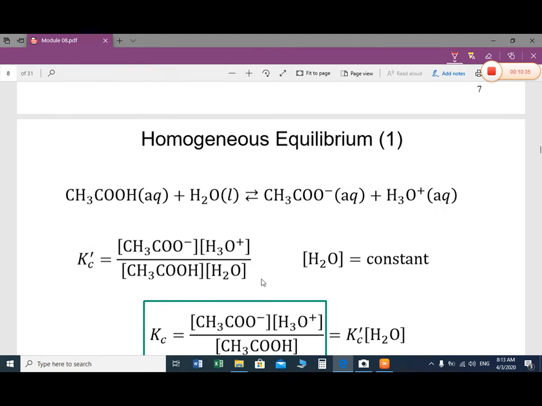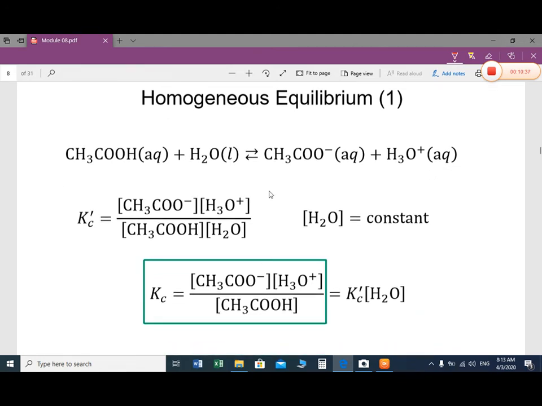Another example. This is also a homogeneous equilibrium. This is acetic acid and this is water as a liquid. This is an aqueous solution, meaning concentration is there, and the water is pure water, so it is mentioned as a liquid. Acetate ion is in the aqueous state, so concentration must be there, and hydronium ion is also in the aqueous state, so concentration will be there.